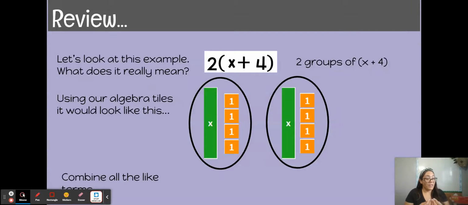If I were to combine those like terms, those like tiles, I could take my 2 x's and add them together, and my 2 sets of 4, and bring them together to get a simplified expression. I use the distributive property. That's all it is. I'm distributing that 2 to each term.